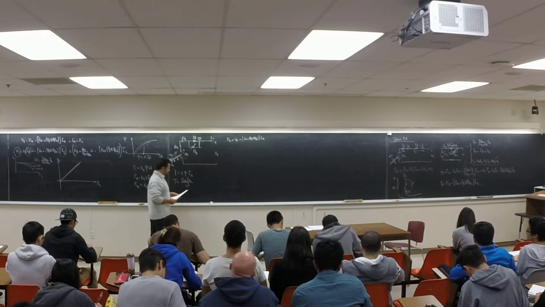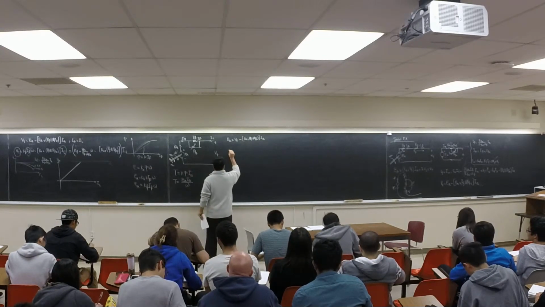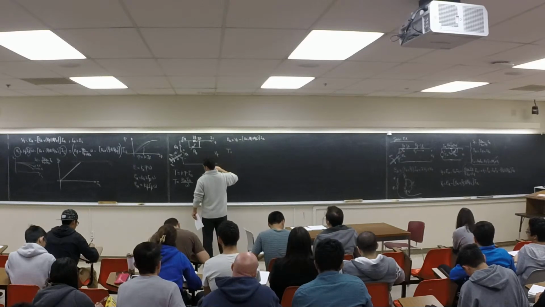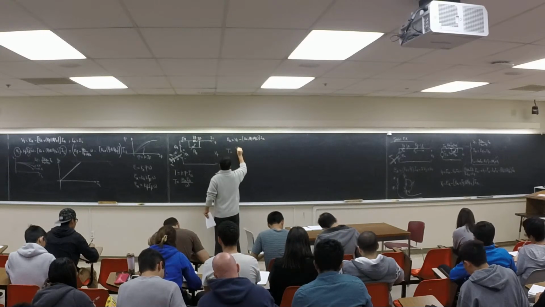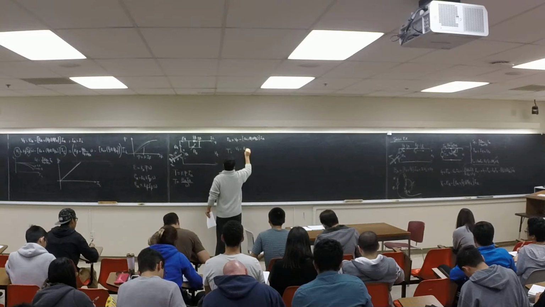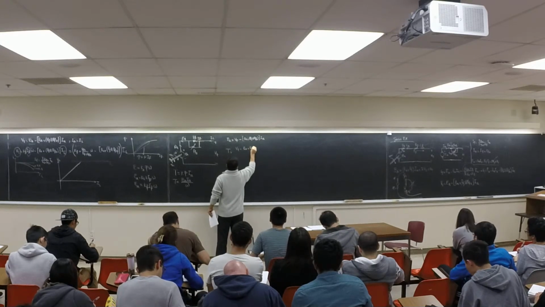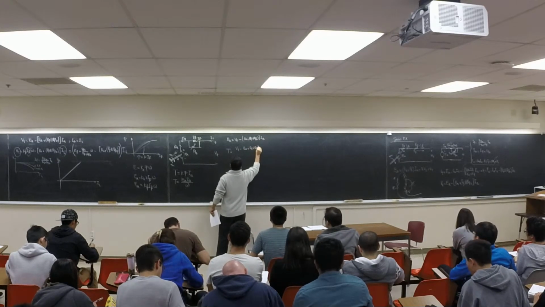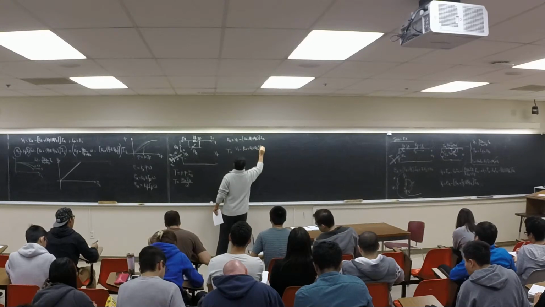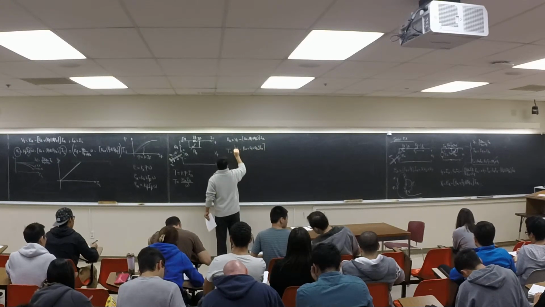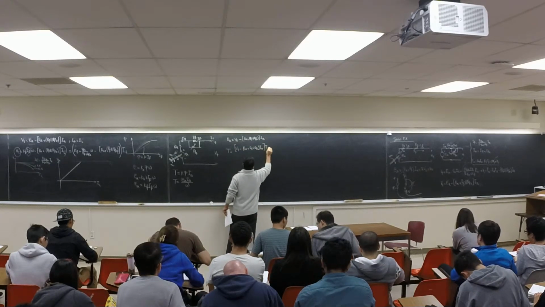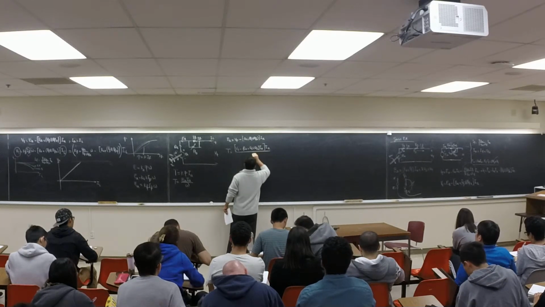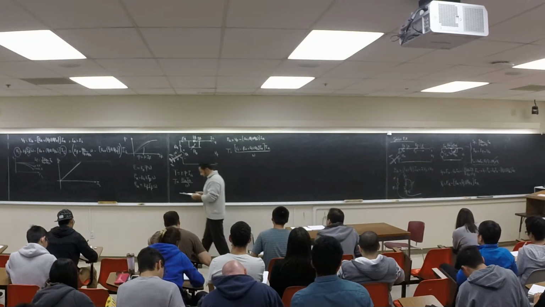We can replace it here now. EA, I'm going to replace it over there. So T is going to be EA, VT minus the drop, divided by omega.